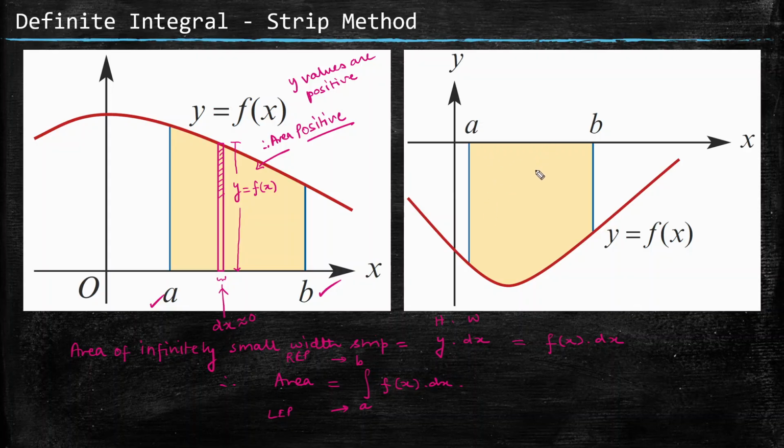In the next diagram, you can see that the y values are negative. If I make a strip here of infinitely small width dx, the width of this strip is dx, and these y values are negative. So on calculation, the area will be negative.